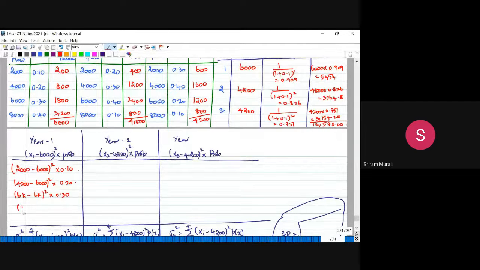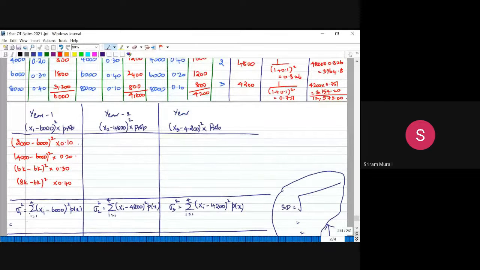The last case, 8K minus 6K the whole square, into 40%. So what is the total? It is 4 into 10 power how much? 10 power 6, because 6 zeros will come. Because 3 zeros, the whole square, will be 6 zeros.